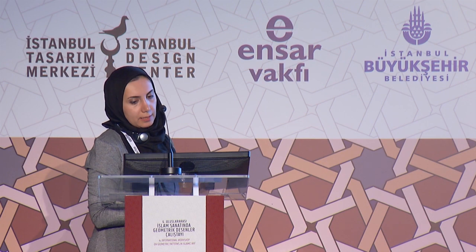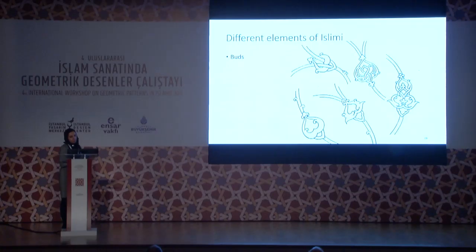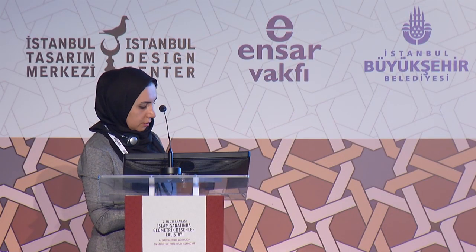In the places where a second stem or a third stem has to be added to the work, we use the buds, and they use the same spiral movement to create various types of buds to connect these spiral stems to each other.